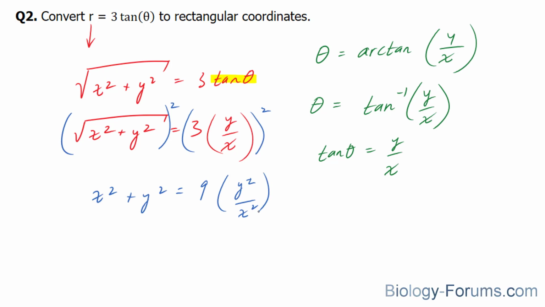Next, we will multiply the right side out. We end up with 9y squared x squared. And on the left side, we have the following.